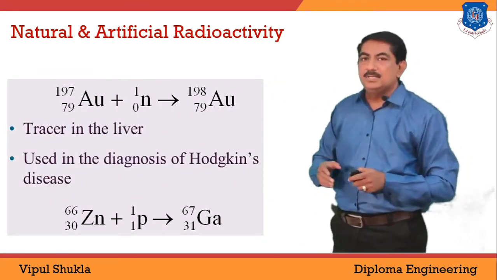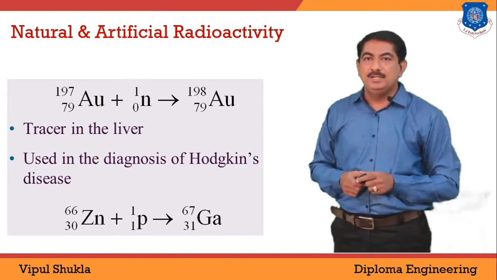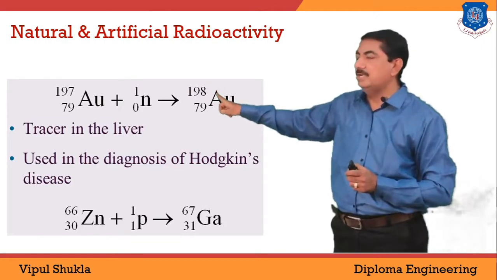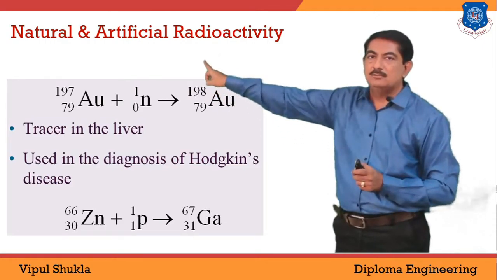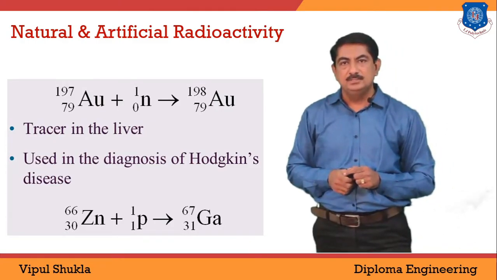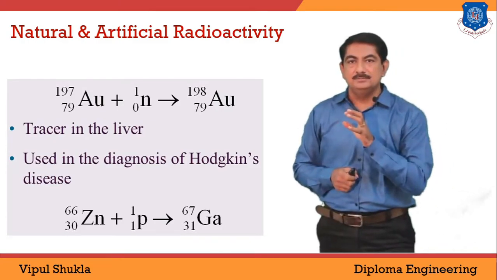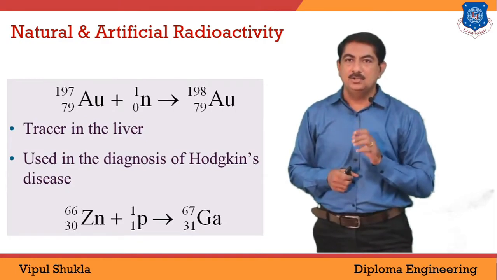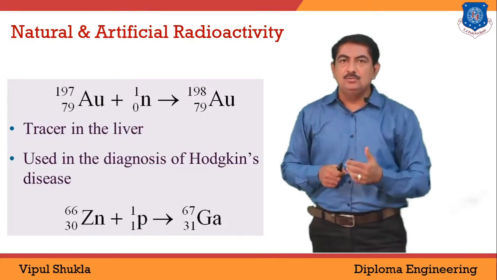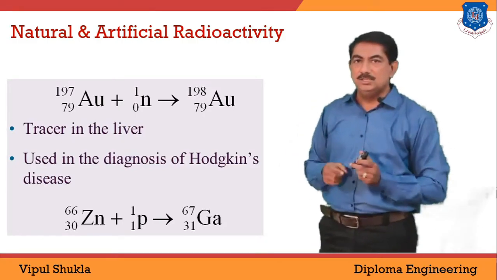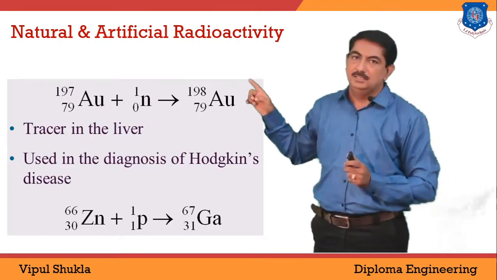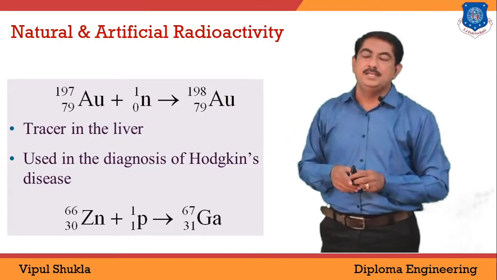Look at the examples of artificial radioactivity. Here Au, gold, with atomic number 79 and atomic mass number 197, that means the number of nucleons is 197. When a neutron is bombarded on the nucleus of Au, that is gold, after the reaction a new nucleus is established. That new nucleus has atomic number 79 and the number of nucleons is 198.